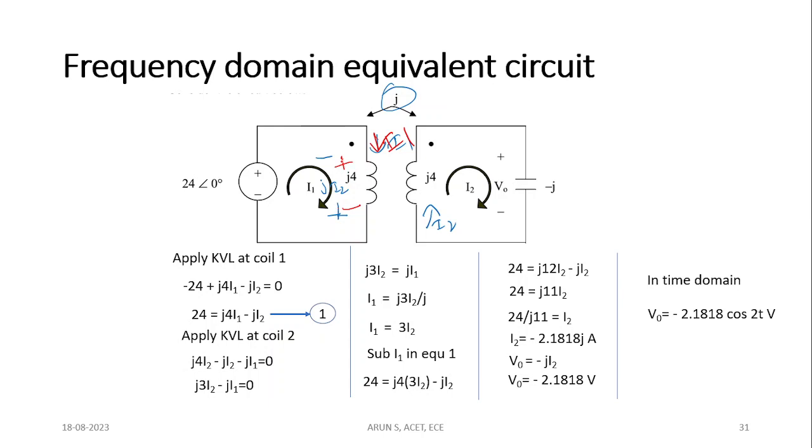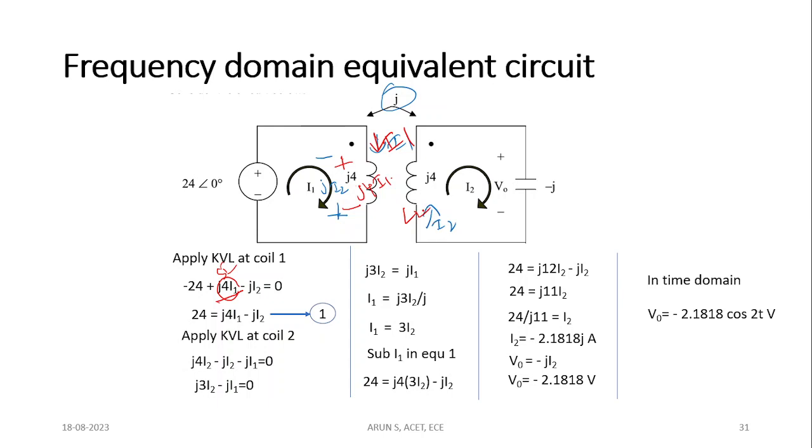So I am not changing anything; it has to be positive. It will be J4 times I1. So J4 times I1 is the self-induced voltage, and J I2 is the mutually induced voltage due to the current I2 flowing through L2. The polarity is based on the dot convention. Dot convention is a rule.